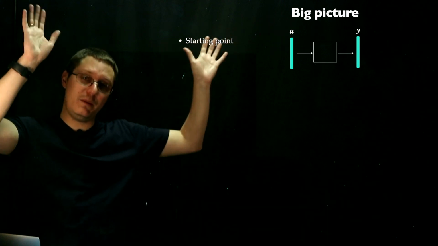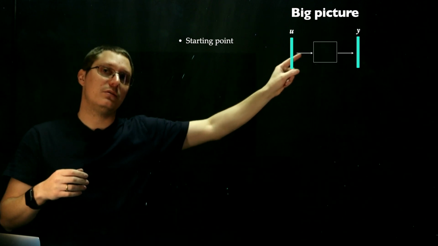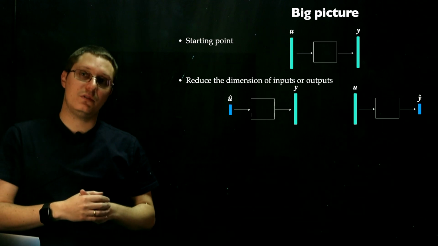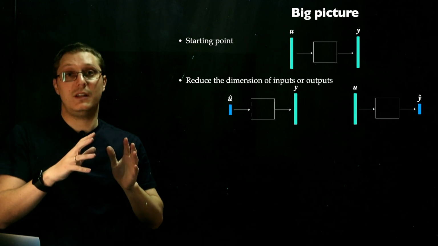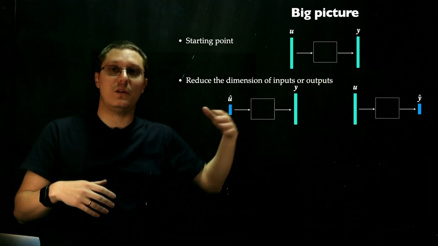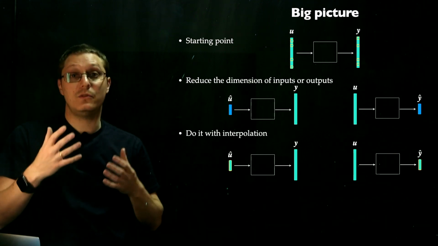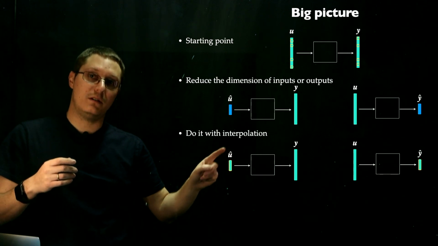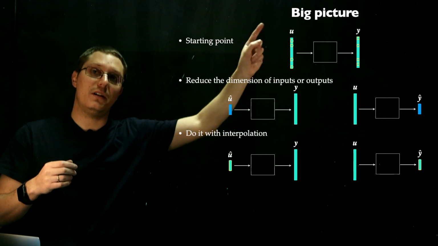Okay, so the big picture here is that we start with a dynamical system that has either many inputs or many outputs, and we want to reduce the number of inputs or outputs. And one way to do that is with input or output projections. The way that works is that you project the higher dimensional inputs or outputs onto lower dimensional subspaces. Now the main contribution of our work is to do this, but with interpolation. And what we gain by doing that is that now our low dimensional inputs are an actual subset of the higher dimensional input.